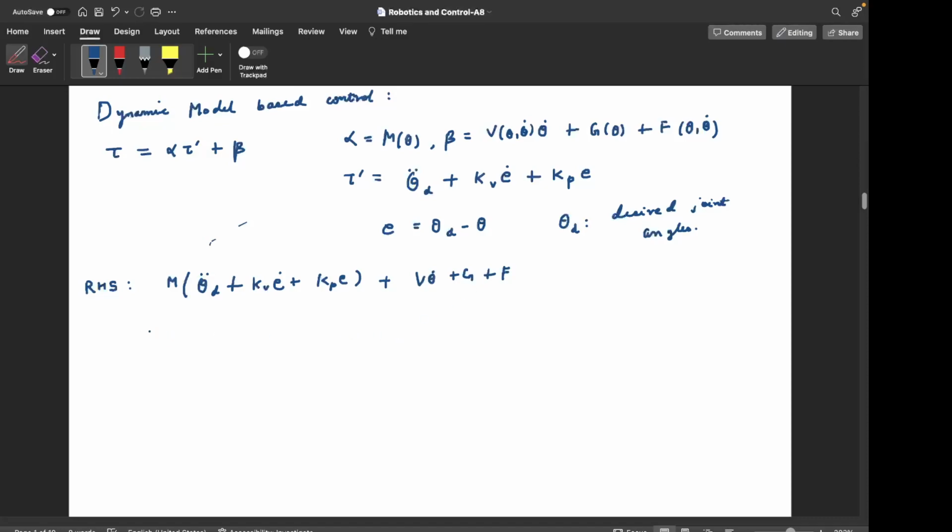So if we expand this, what will we get? M theta double dot d plus V theta dot plus G plus F, right?